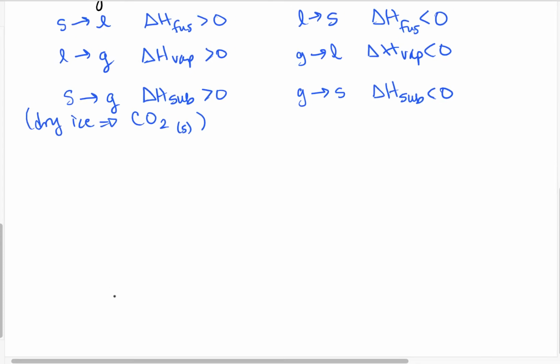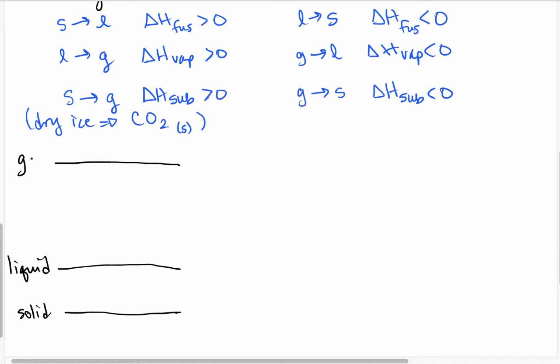Interestingly enough, it's going to turn out that our solid to liquid transition takes less energy than our liquid to gas transition. So I'm going to draw these. This is my energy scale. I should have left myself a little more room, so I'll put my energy scale over here. Okay, so my energy is going up in this direction.